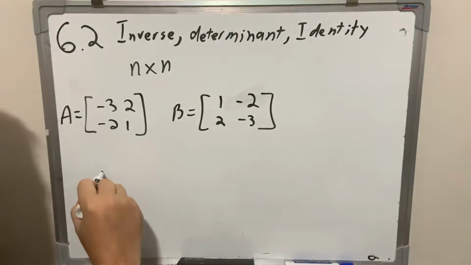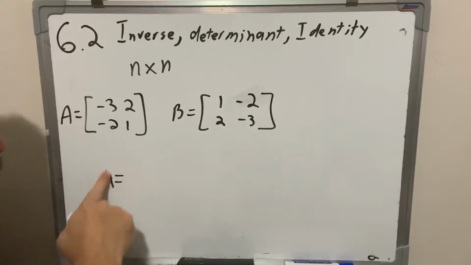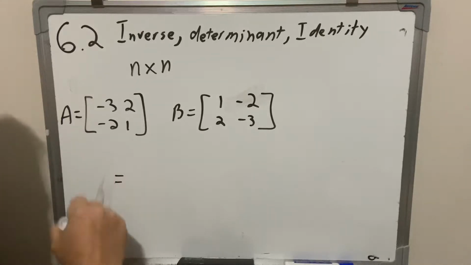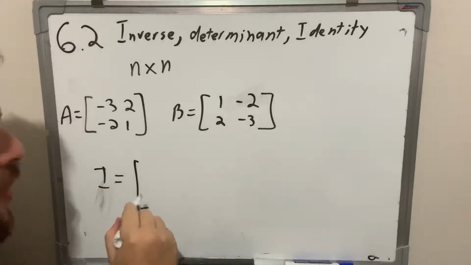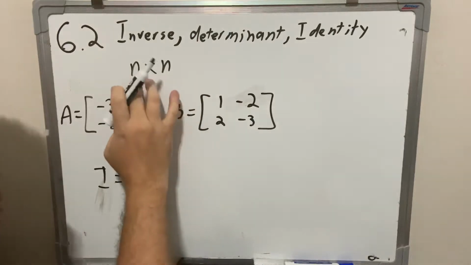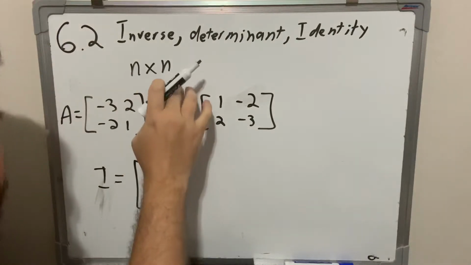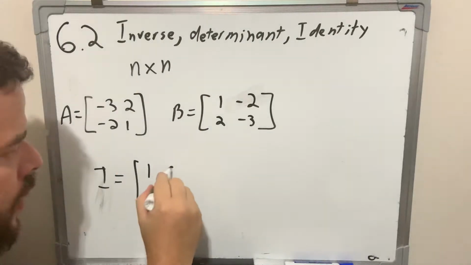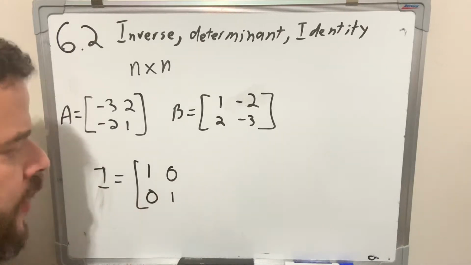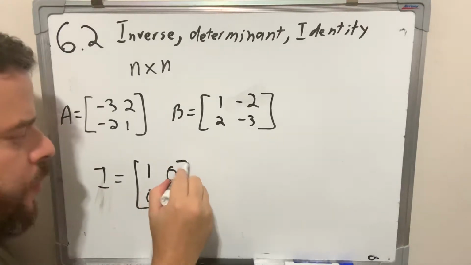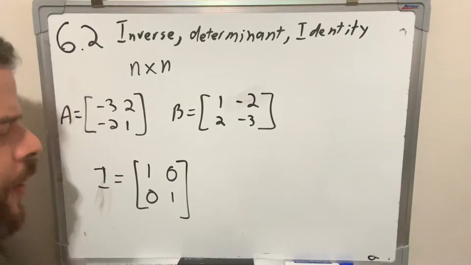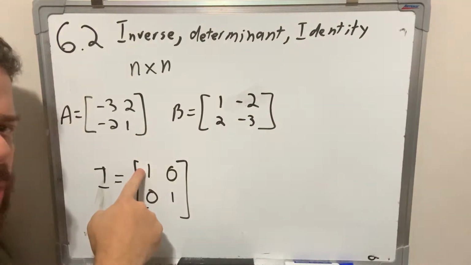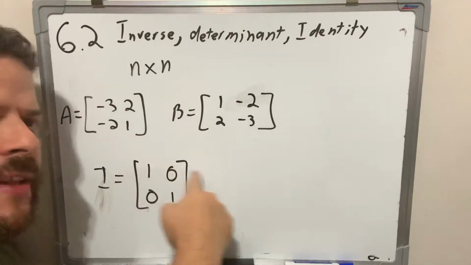So please remember that the identity matrix, also labeled with I, is a square matrix. So it's 2 by 2, 3 by 3, 4 by 4, in which the numbers are ones and zeros and they follow a particular order. In the first row, the first element is a 1, then it's all zeros.